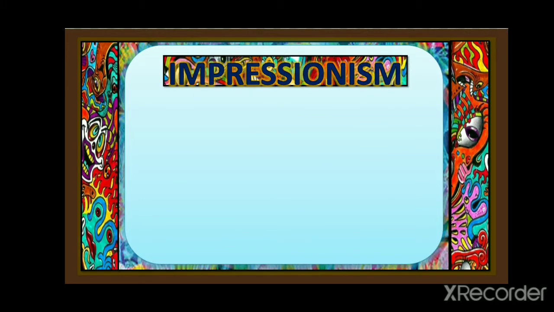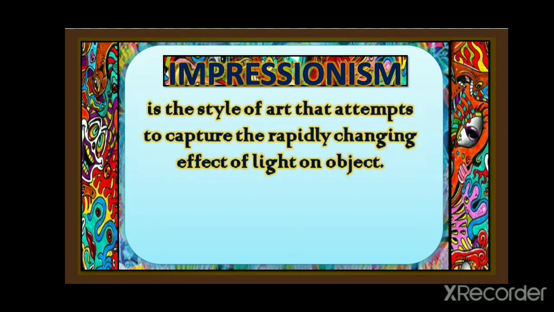Impressionism is the style of art that attempts to capture the rapidly changing effect of light on objects. Impressionist artists painted scenes and landscapes outdoors. Among the famous Impressionist artists are Claude Monet, Auguste Renoir, and Berthe Morisot.